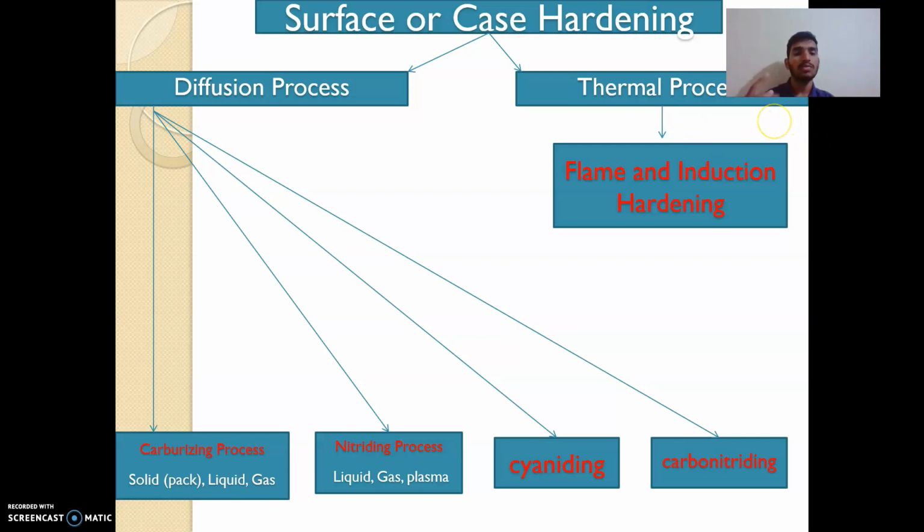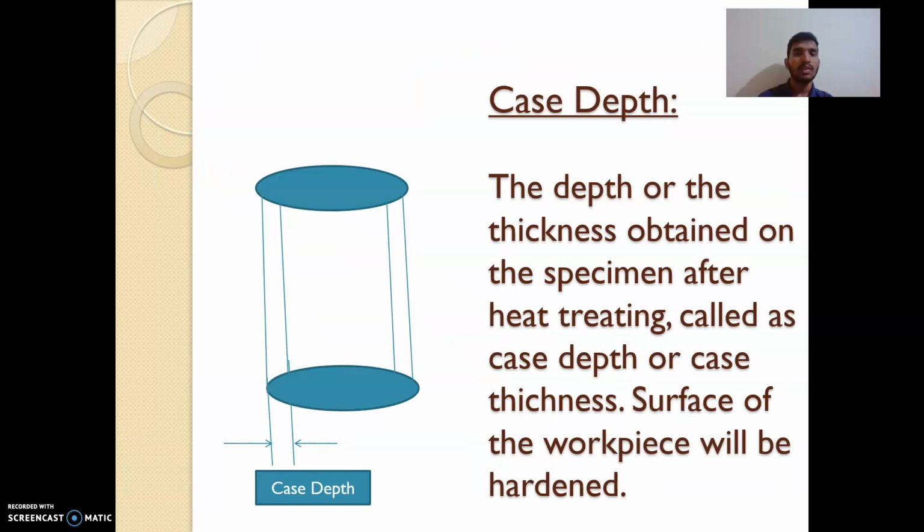Those are of two types: flame and induction. Flame means directly applying the flame to the metal, like we have gas cylinders in our home. With the help of flame, we can heat any object. In the same way, flame is used.